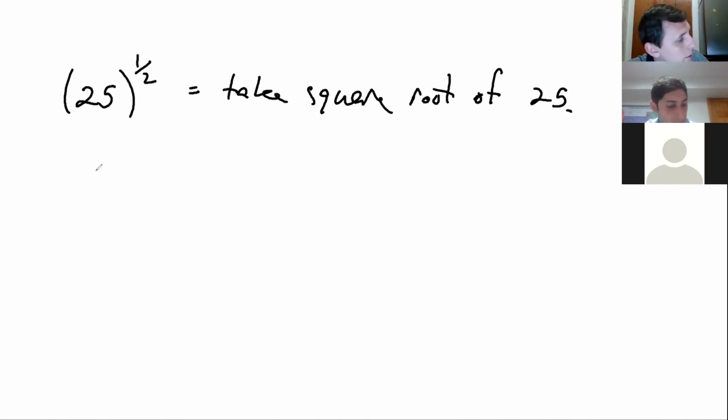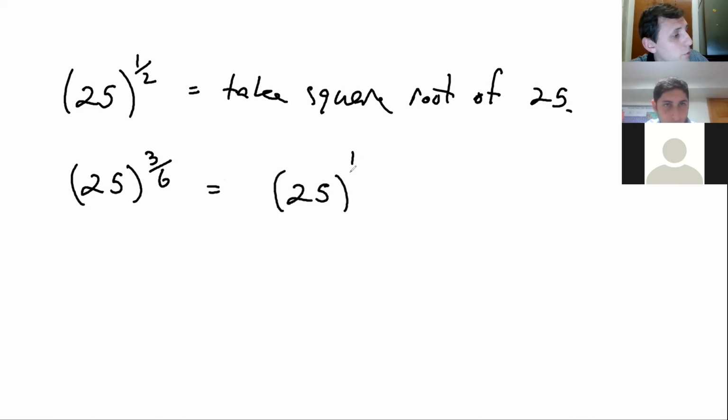Now, what is 25 to the power of, for instance, 3/6? This is the same as 25 to the power of 1 over 6, to the power 3, based on the definition we gave over there.